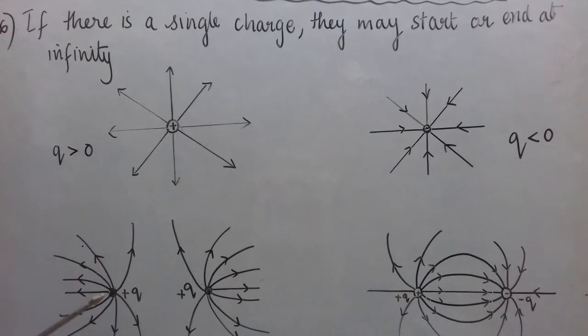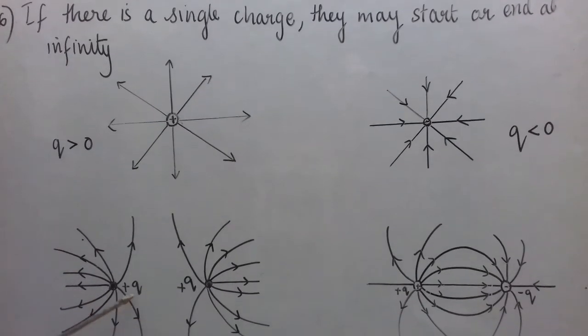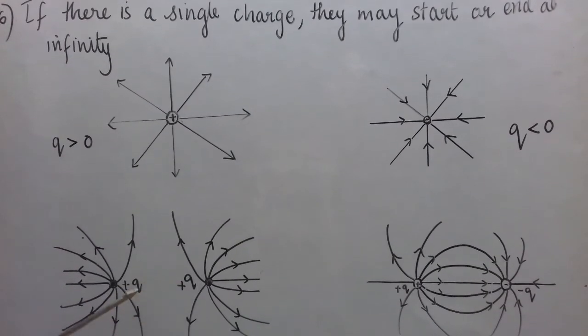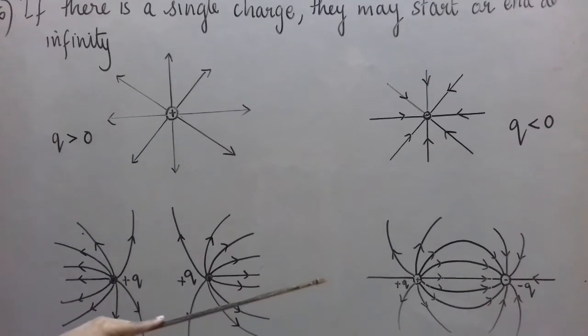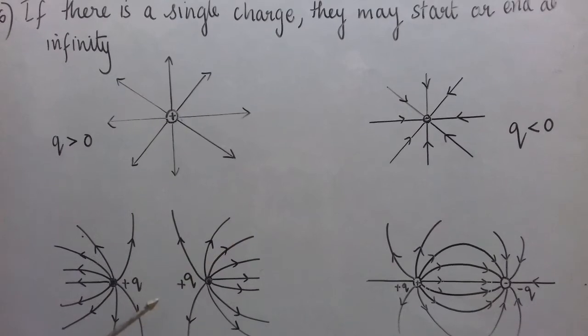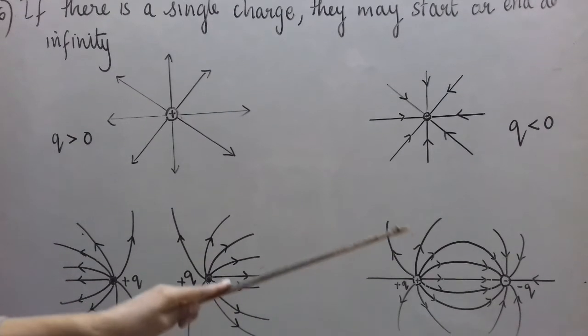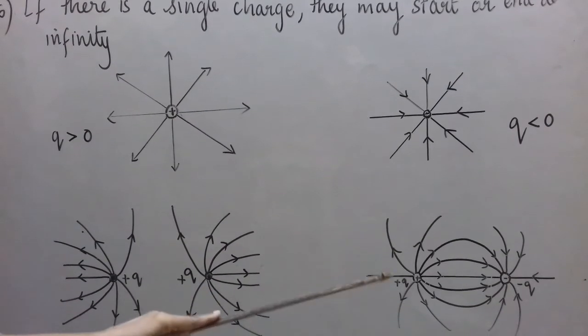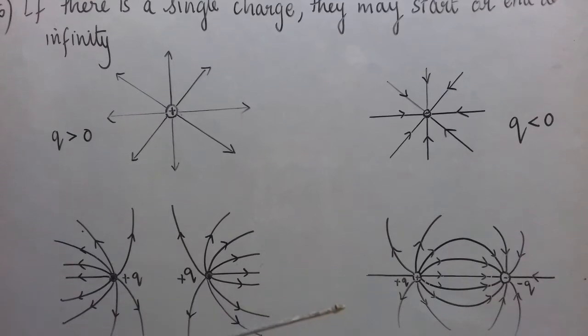Here I have a system of 2 point charges which are positive and have the same magnitude. There I have a system of 2 point charges separated by a certain distance in both cases, but in this case both are positive. In that case one is positive and the other is negative, although their magnitudes are considered equal.